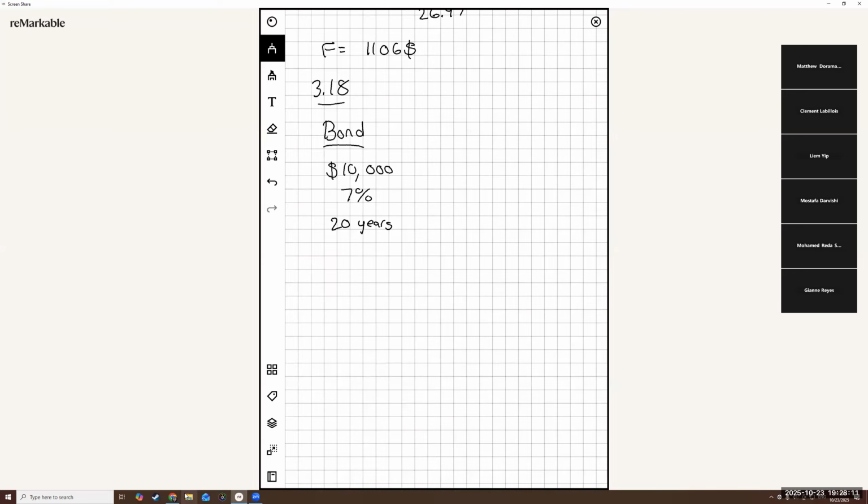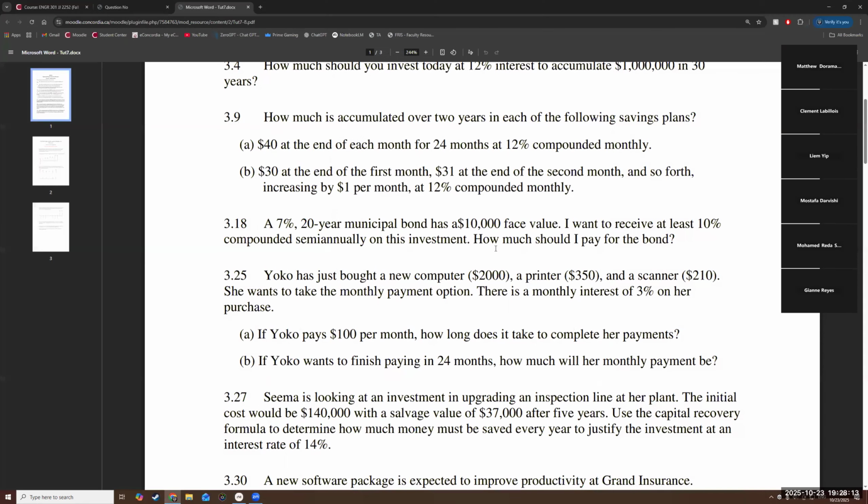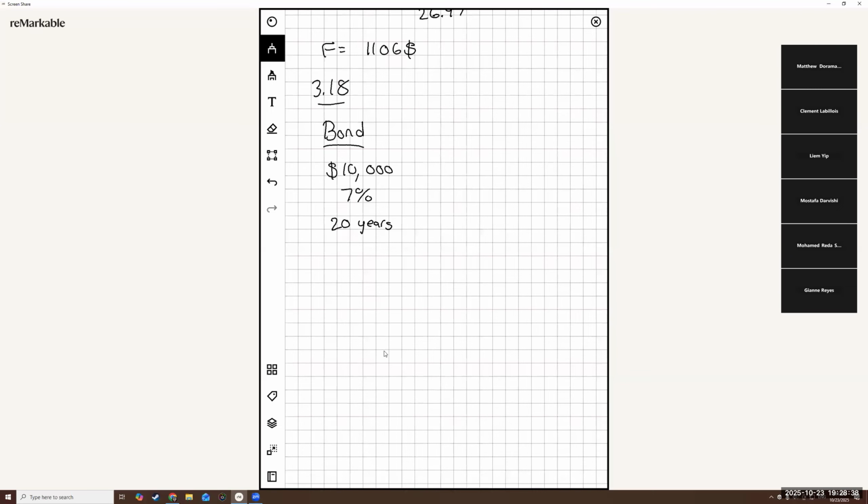Keep in mind, this is compounded semi-annually. So the payments will come in twice a year. That's what semi-annually means. Every 6 months, there will be a payment. So therefore, we have to pay 7%, which is for a year.